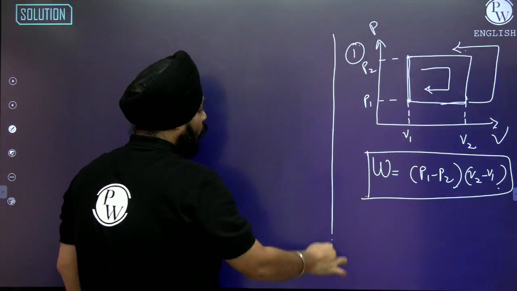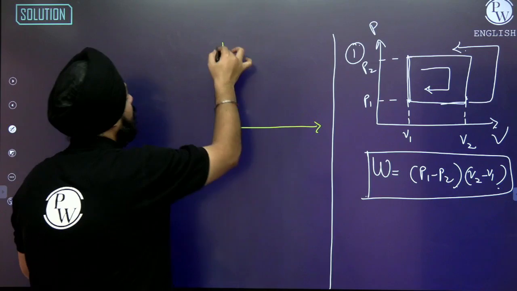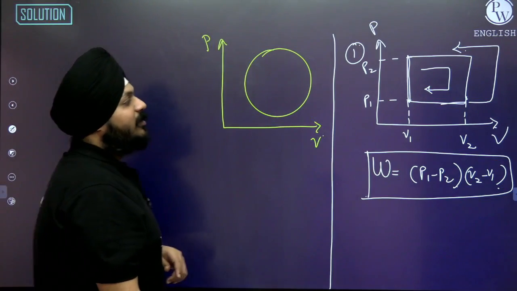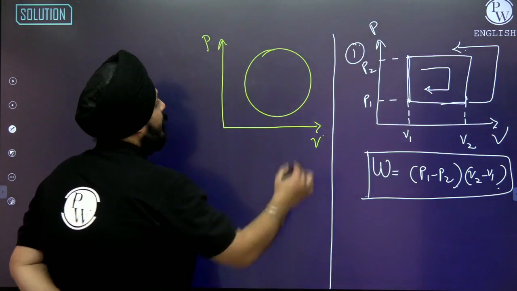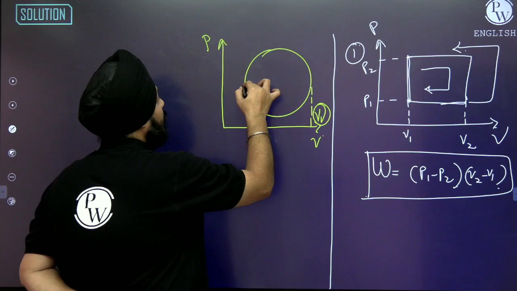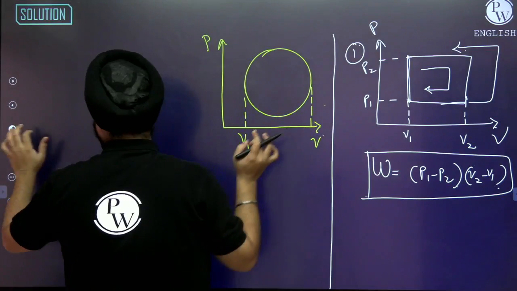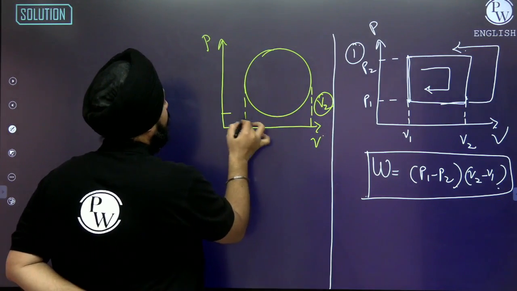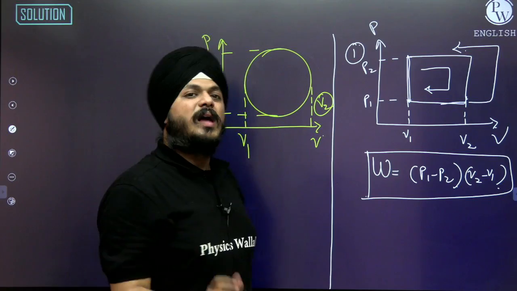Now let's move on to the second shortcut, right? It is very important stuff. This is the PV graph. This is another cyclic process. This will be V1, right?